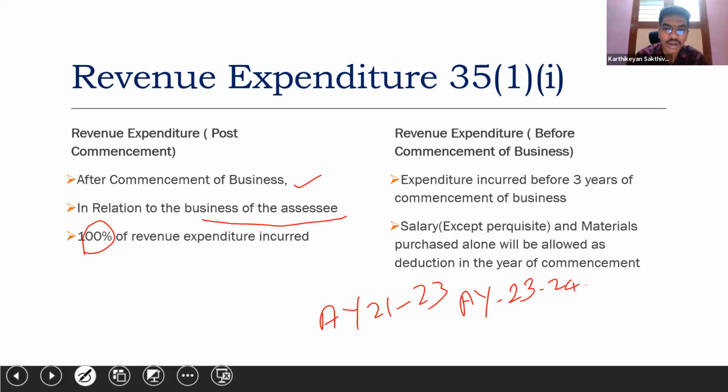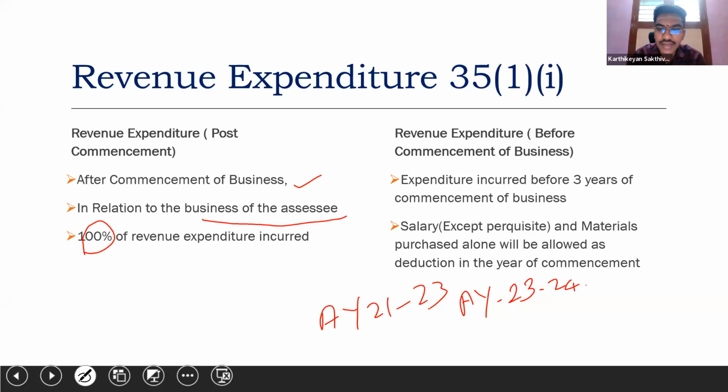Now I discover a new product, and the research for that product was done in assessment years 21-22 and 22-23. That expenditure would not have been claimed in accounting because it was not incurred during the current period.